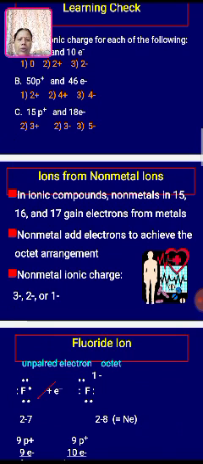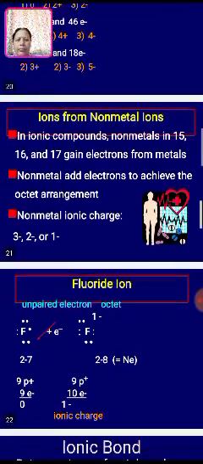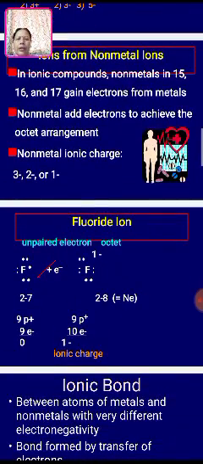Non-metals add electrons to achieve the octet arrangement, and the non-metal ionic charge is 3 minus, 2 minus or 1 minus. Example, fluorine, which has atomic number 9, therefore the electronic configuration becomes first shell 1s2, second shell 2s2 and 2p5.